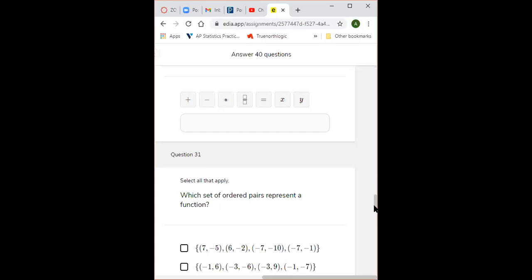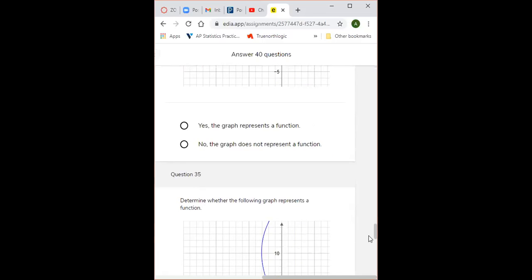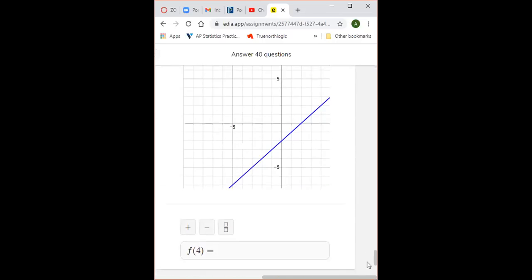You have ordered pairs, which are coordinates, which are listed like this. And then I don't think there are any mappings on here. I'm gonna scroll down and check what I got. Nope.